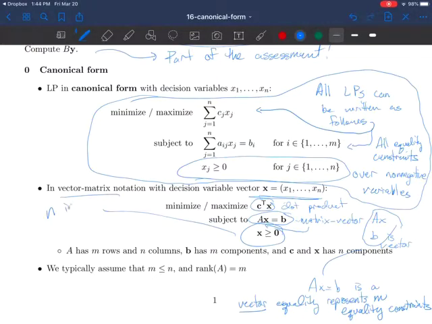This is n inequality constraints, right? n non-negativity constraints.